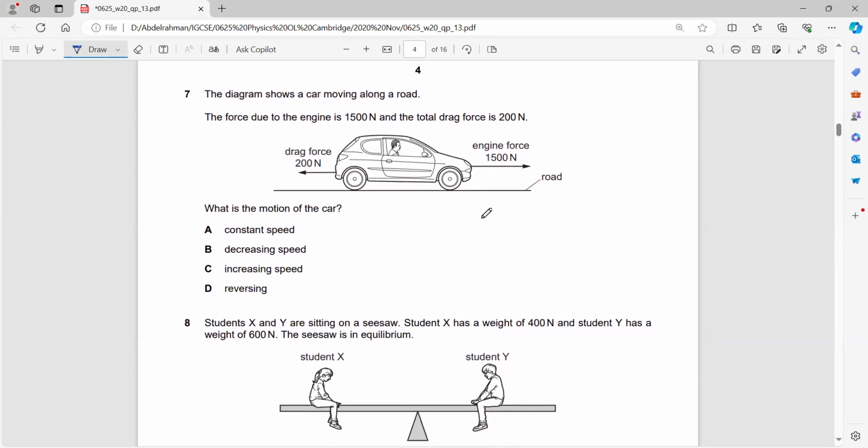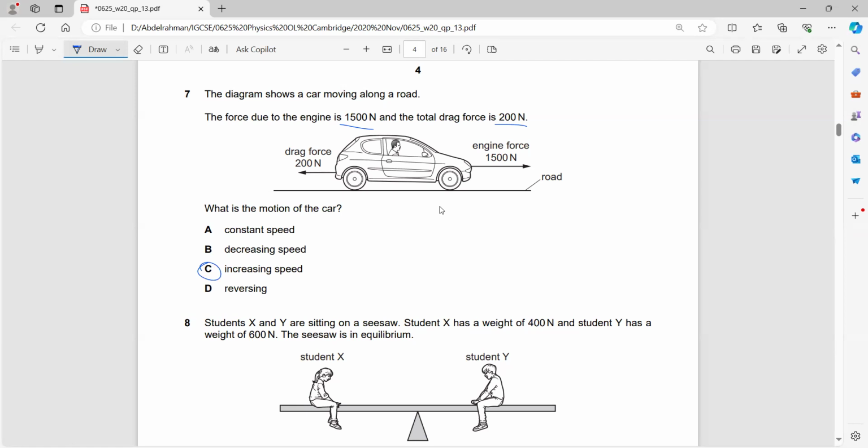The diagram shows a car moving along a road. What is the motion of the car? The force due to the engine is 1,500 newtons and the total drag force is 200 newtons. What's happening to the car? Definitely the car is increasing its speed.